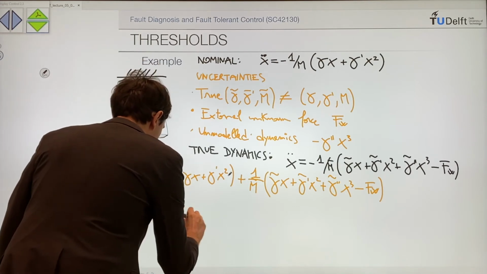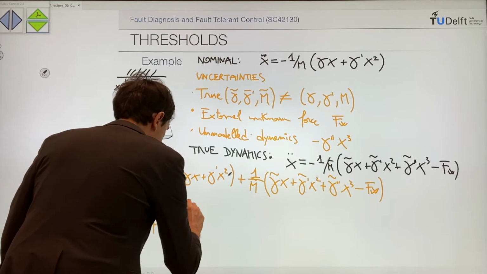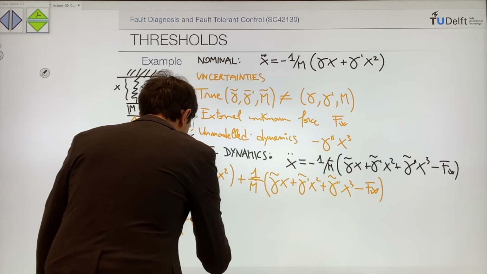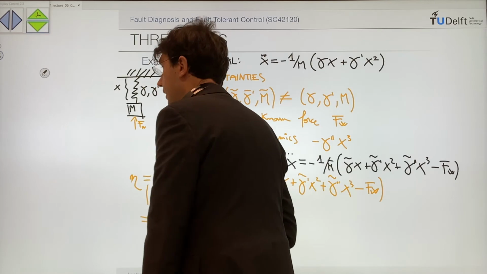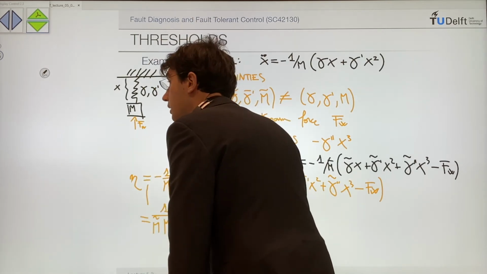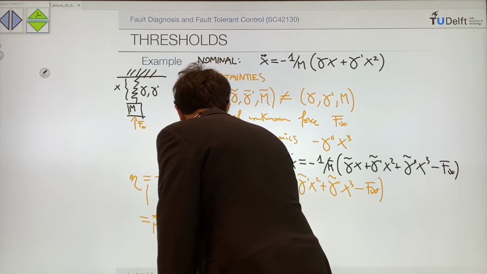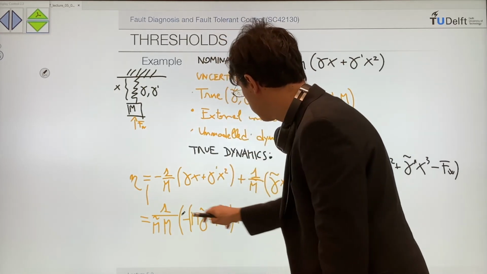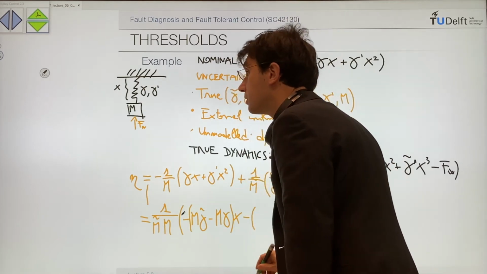So it is 1 over, we get m tilde m that multiplies minus m gamma tilde minus m gamma, we bracket everything, and that multiplies x. So this is everything multiplying the first power of x.